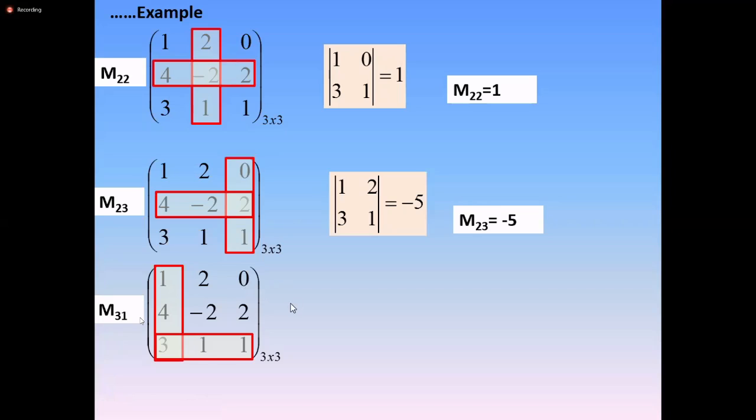Here I can calculate 2 by 2 minus 2 by 0. Because 2 by 2 is 4. Here, because there is a 0, 0 is subtracted. So the answer is 4.